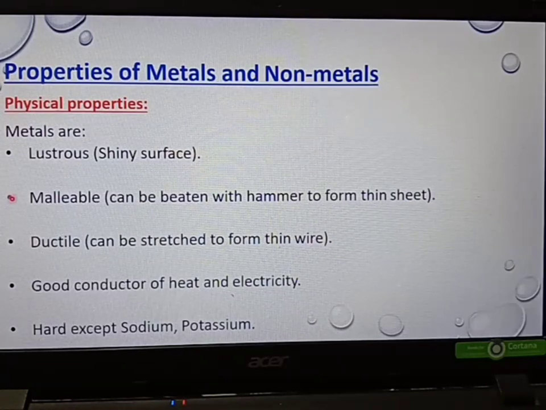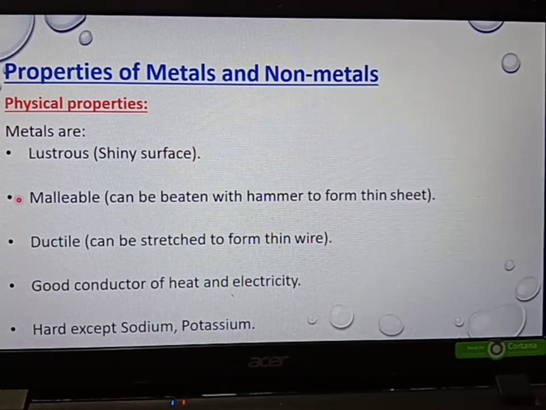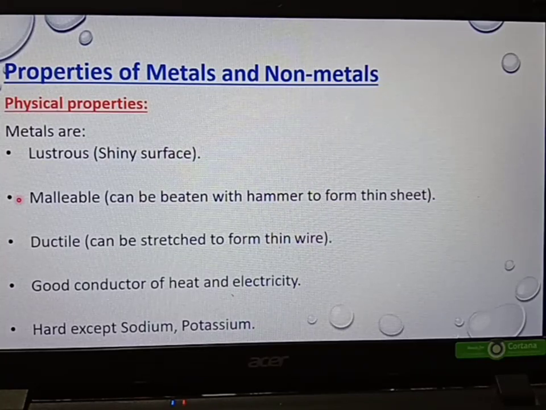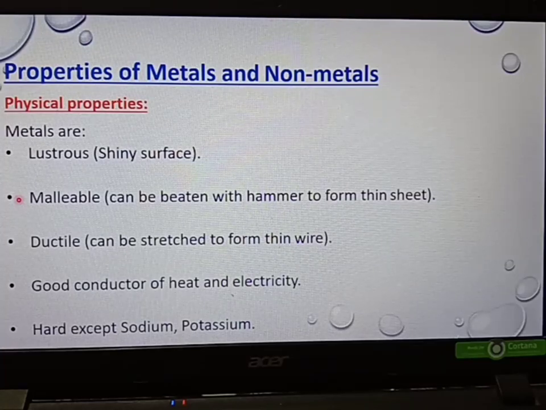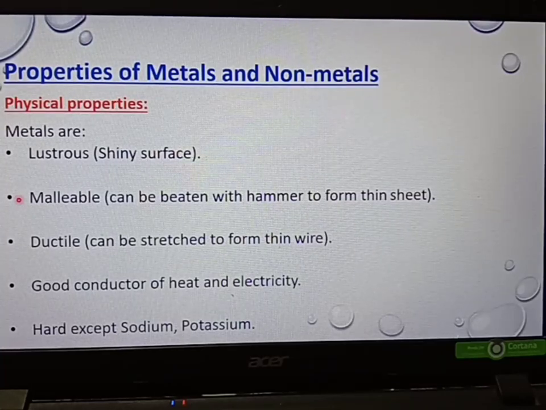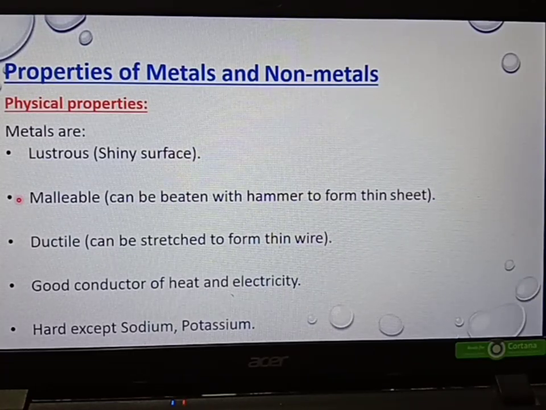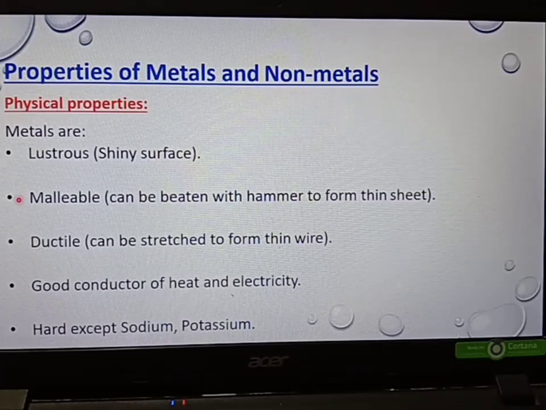For example, if we take one metal like iron or aluminium and start beating it with a hammer, we will find that the piece of iron or aluminium starts turning into a thin sheet without breaking. This property is called malleability. The property which allows the metal to be hammered into thin sheets is called malleability.